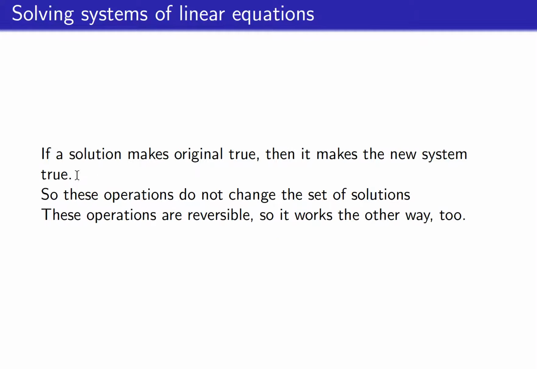If a solution makes the original true, then it makes the new system true. This is true for any of the operations that we looked at. So these operations do not change the set of solutions. Whatever solutions you had originally, the new system will have the same solutions. And these operations are reversible, so they work the other way too. Any solution of the new one is also a solution of the old one.